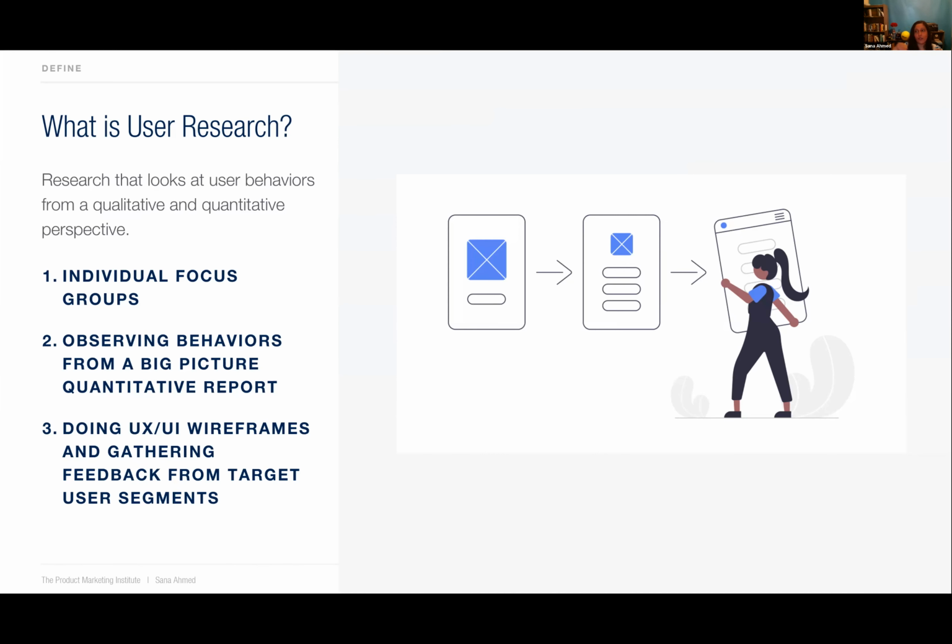Literally, you could just doodle on a screen in terms of how you think you may solve for that problem in the product. And you start building these wireframes right next to each other to see, well, if I get the user to click here and then click here and then go there, hopefully we'll be able to get them from point A to B to help them solve their problems.